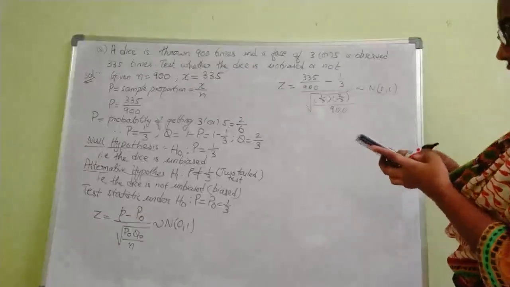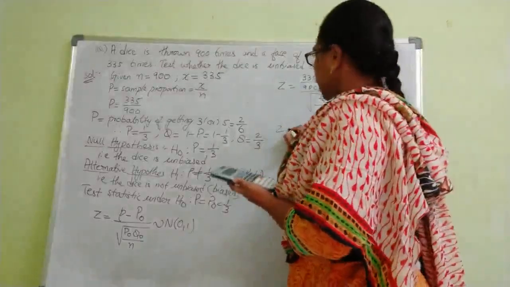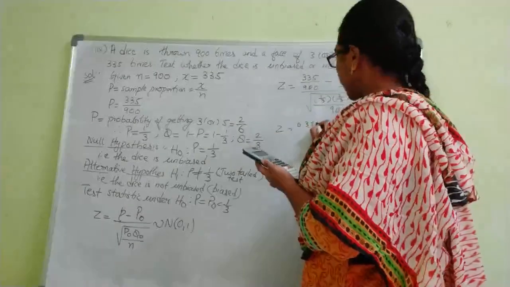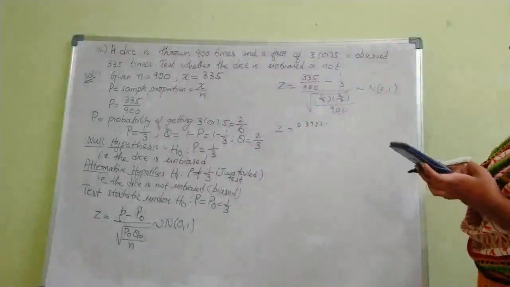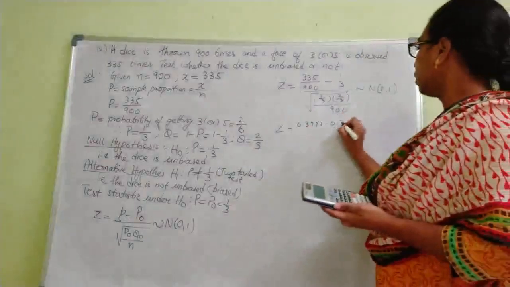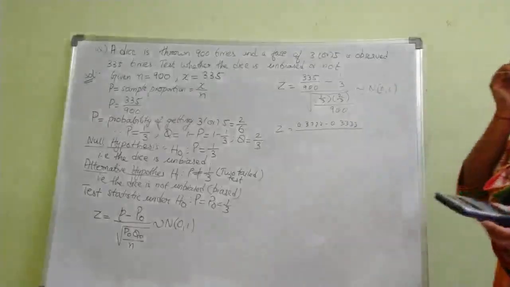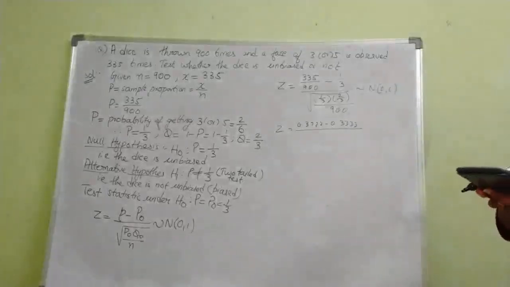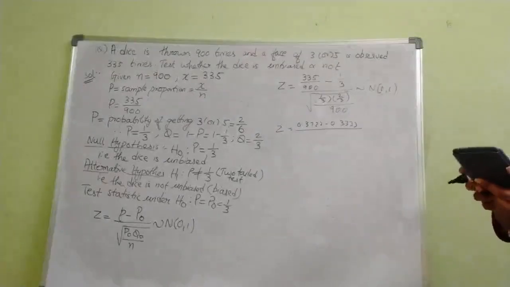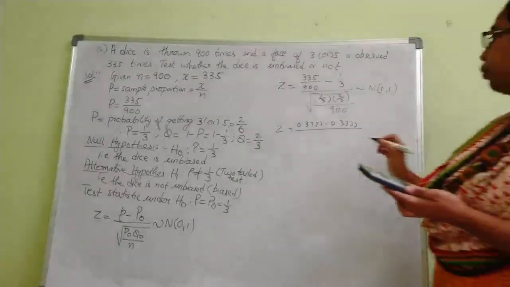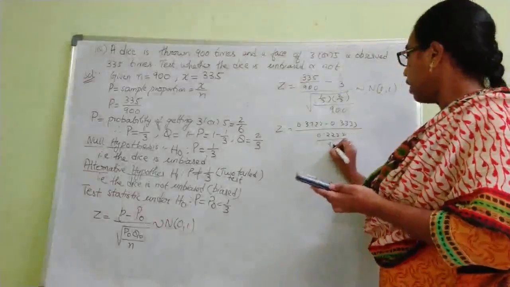335 divided by 900, it is 0.3722. So Z equals 0.3722 minus 1 by 3, 0.333, divided by 1 by 3 into 2 by 3 divided by 900.